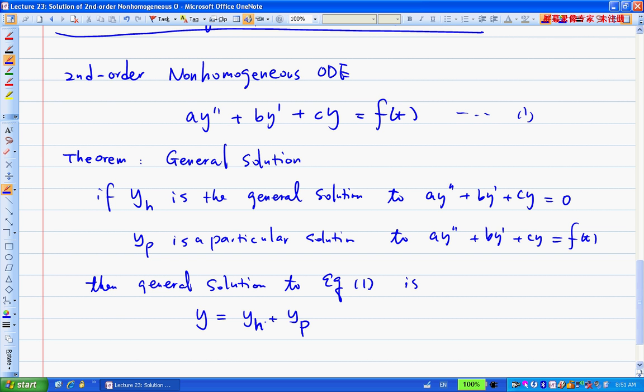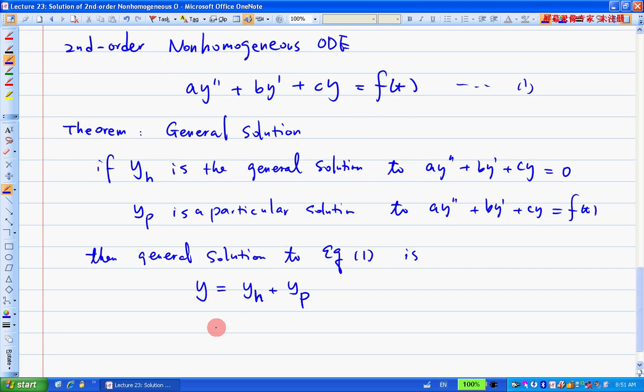So that's the theory in terms of the general solution here. Yeah. If I know y_h, maybe y_h is C1 y1 plus C2 y2, right? And then you add this particular solution y_p. So that's going to give us the general solution to this non-homogeneous ODE. Okay.